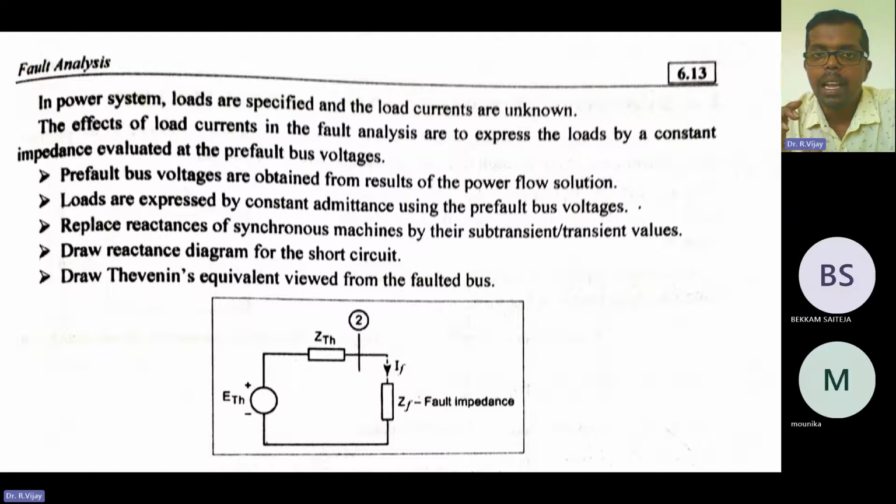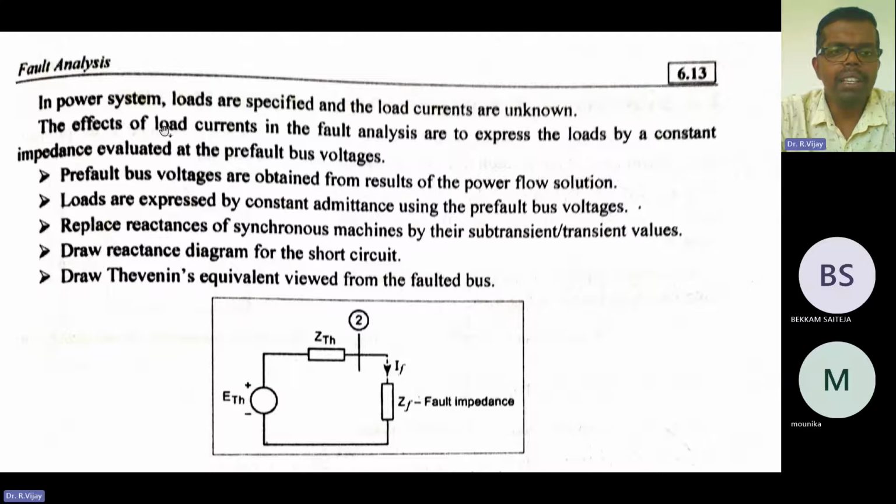Say, for example, in hot summer, if it is raining, the load will be less because the climate itself will be very cool, so the current consumption will be less. If it is very, very hot, the load currents may increase like anything, because every ceiling fan and every AC will be on. So it depends on the mood of the consumers or the climatic condition of the area where the substation is located.